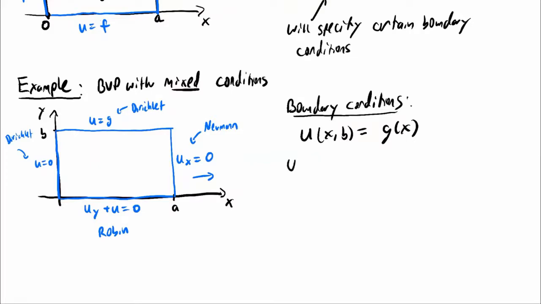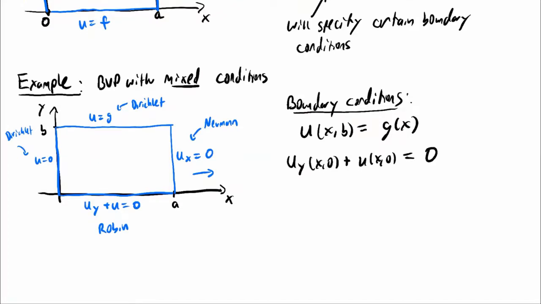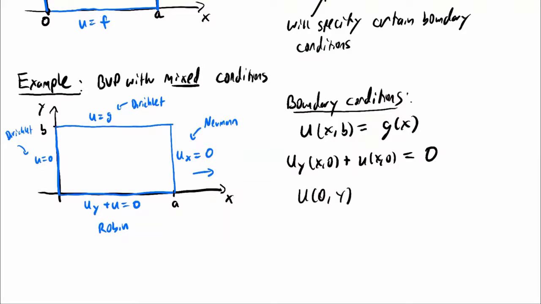So this says that u_y of x,0 plus u of x,0 has to equal 0. And then we have the two conditions corresponding to when x is 0 and x is a. So when x is 0, we want u of 0,y to be equal to 0. That's this condition over here. And then finally, we have the Neumann condition, which says that the x partial derivative at a,y should be equal to 0.